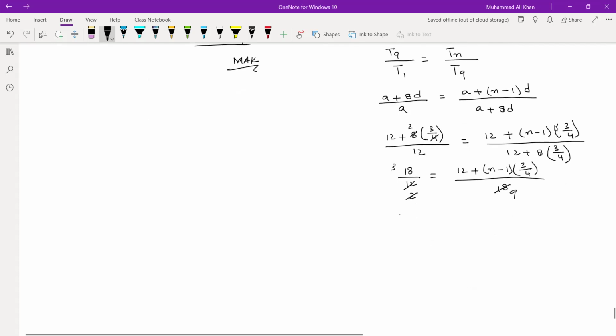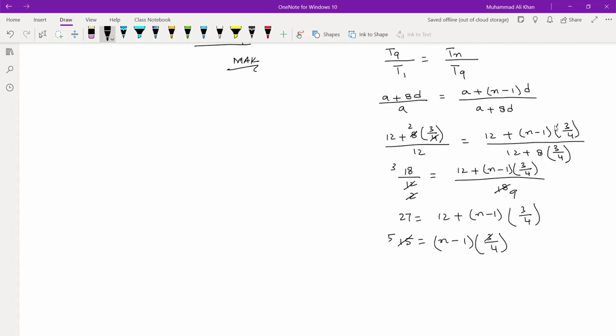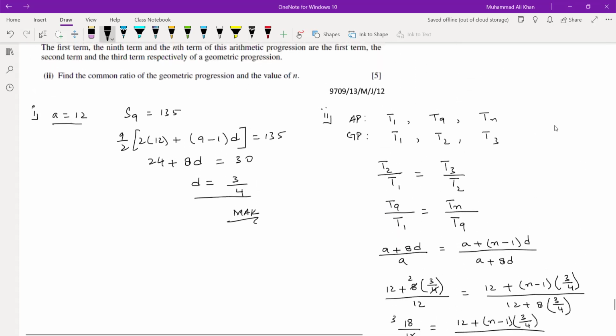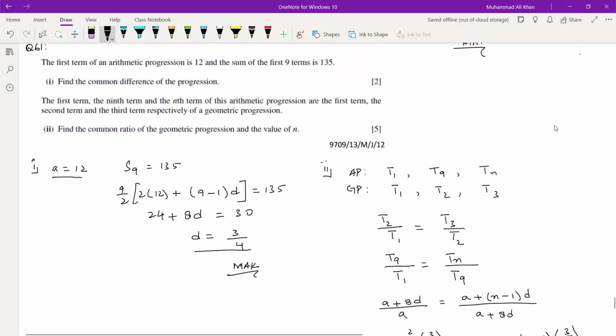So 27 equals 12 plus n minus 1 into 3/4. 27 minus 12 is 15, equals n minus 1 into 3/4. 3 5s are 15 and 5 4s are 20, plus 1, n is 21. n is 21 for the progression with these conditions. Are you clear?